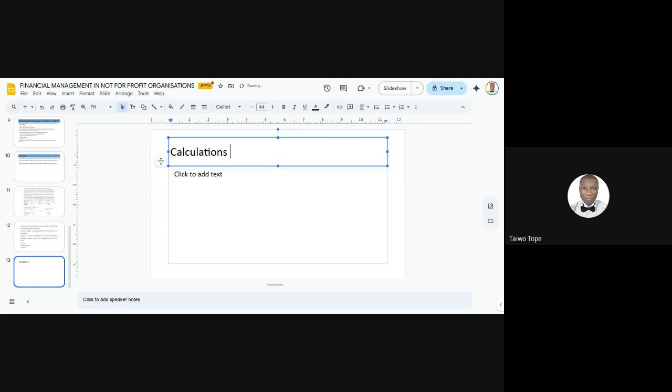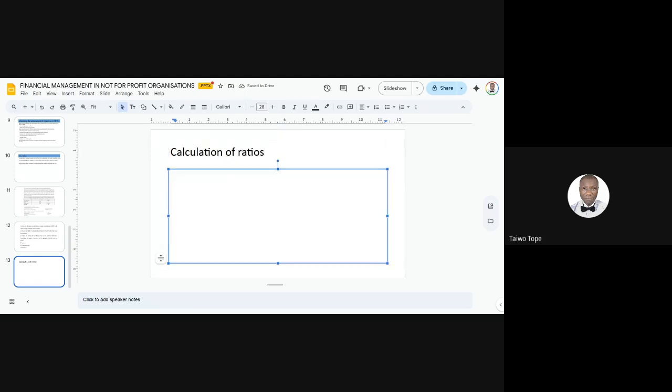Calculation of ratios. The first ratio we'll look at, based on what is given in the question, is return on capital employed.